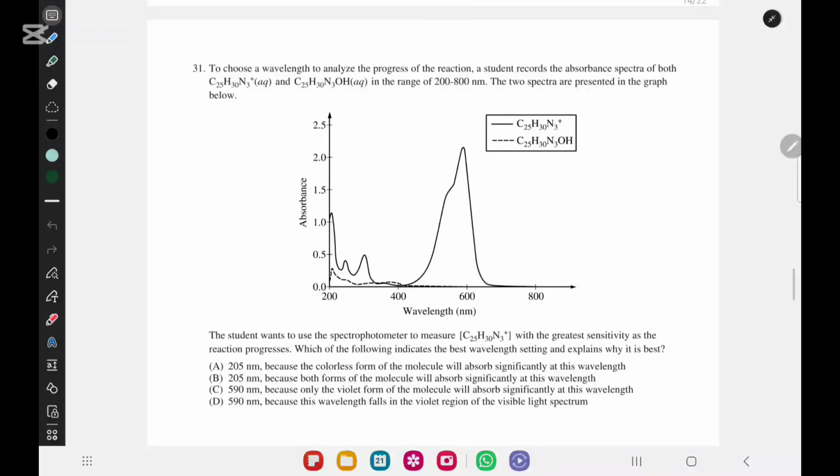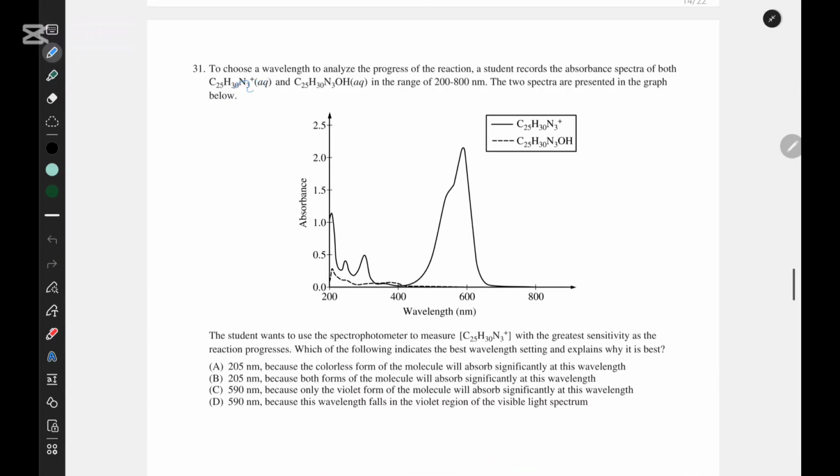Yeah. So in this question, they are saying to choose a wavelength to analyze the progress of the reaction. A student records the absorbance spectra of both C25H30N3 positive and C25H30N3OH in the range of 200 to 800 nanometer.